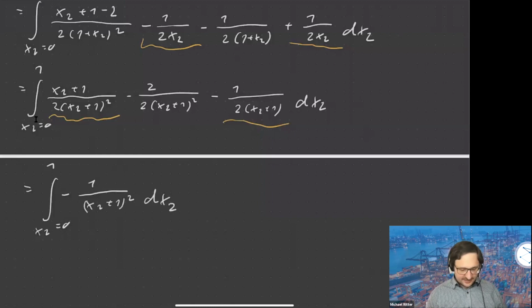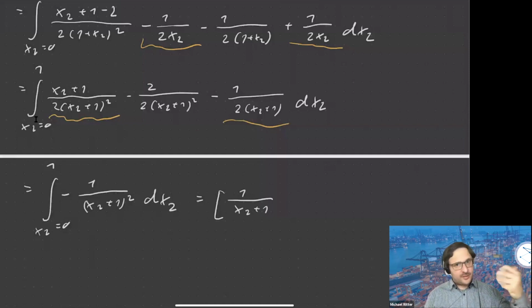And finally, that's something that can be integrated pretty easily. We've done that already. So that's of a form x2 plus 1 to the minus 2. So the integration is 1 over x2 plus 1. And the minus sign cancels out with the minus 1 that you get from the integration step.